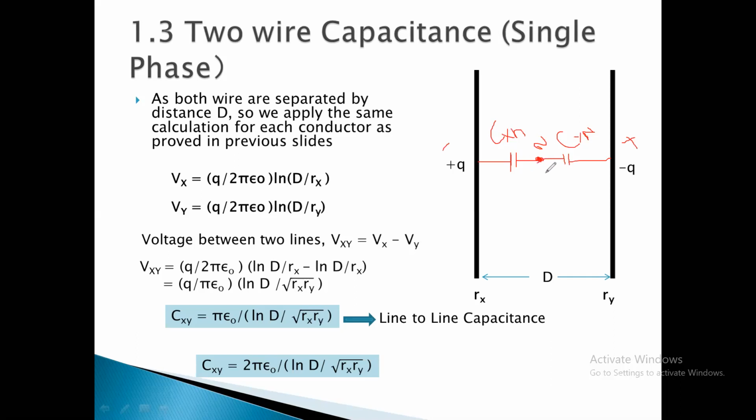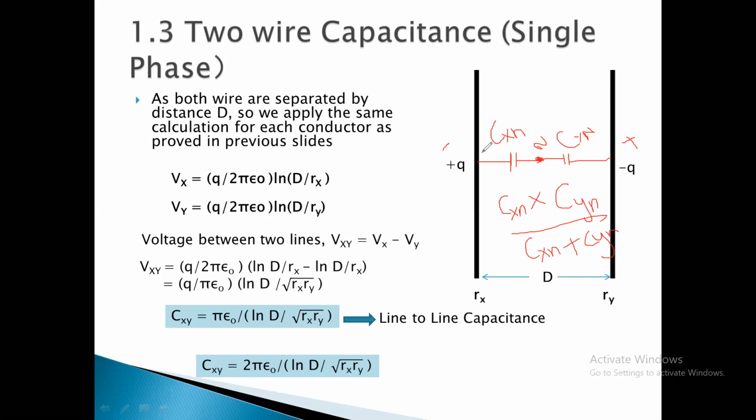So if two capacitors are in series, I can find the total capacitance. If both of them have equal capacitance, I will get CXN multiplied by CYN divided by CXN plus CYN.